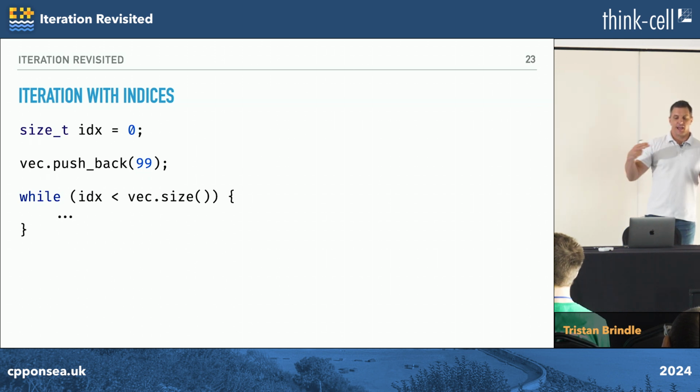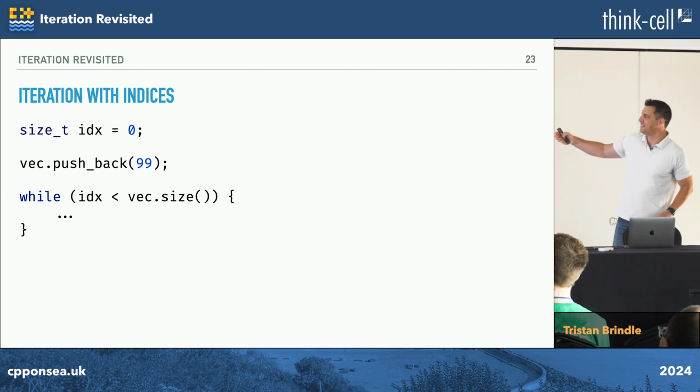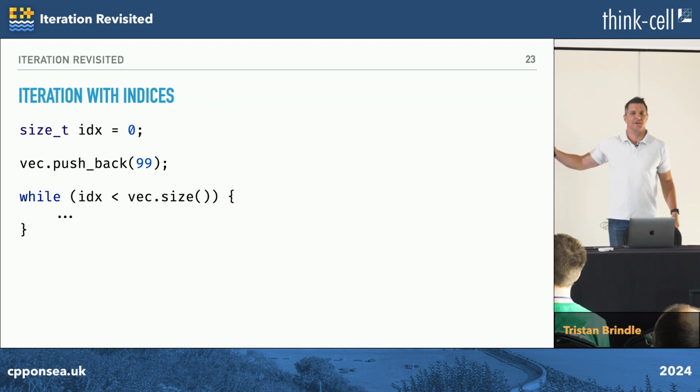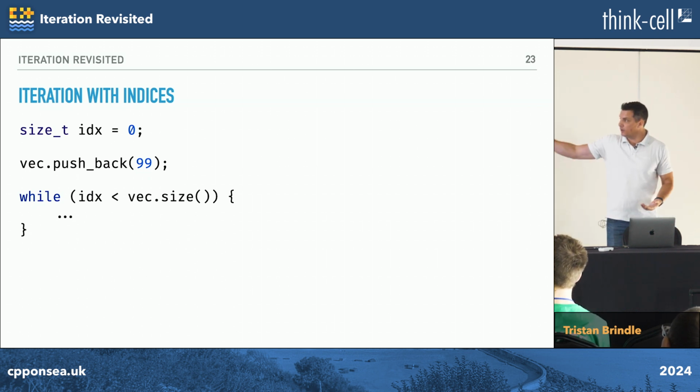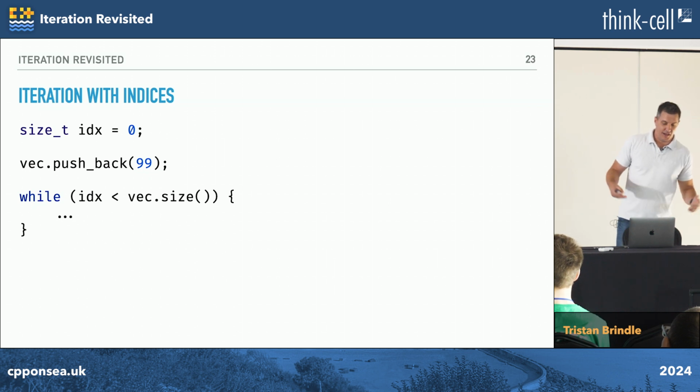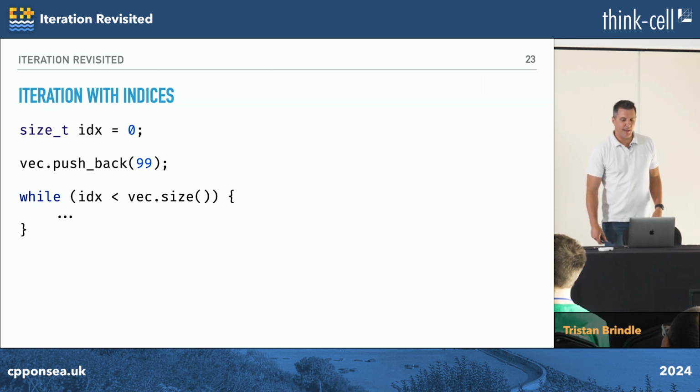And then we've got the while condition, and this is fine, right? This is going to work. This is not going to be a problem, because the push_back hasn't invalidated the index. The index is still valid, and the while condition is not going to be UB. We're happy. Everything is good.